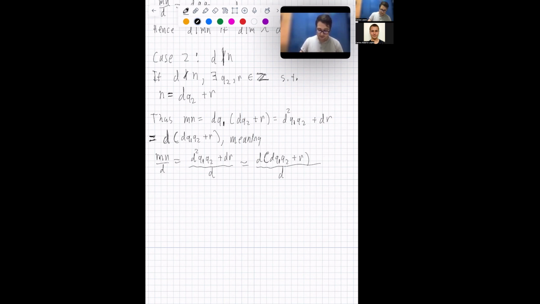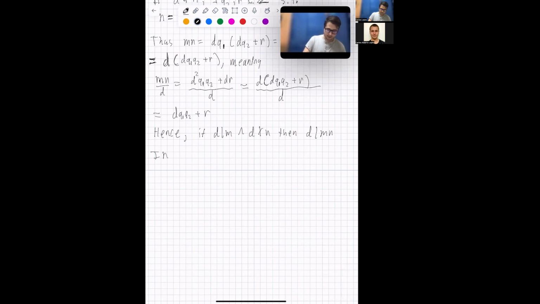We have a d in here, and this is going to be equal to d times q1 times q2 plus r. Hence, if d divides m and d cannot divide n, then d divides m times n.